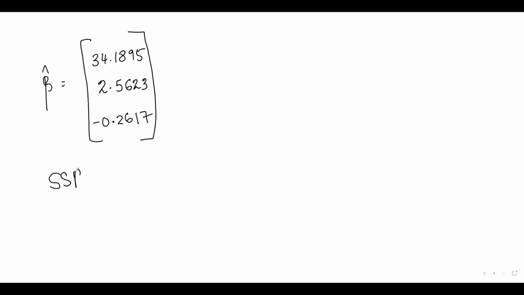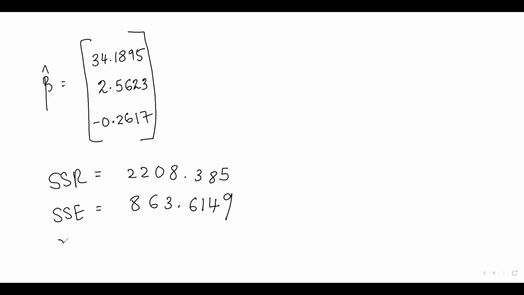So SSR is, this is what I got, 2208.38. And SSE, just check your answers with these, 863.6149. SSTO is 3072, right?